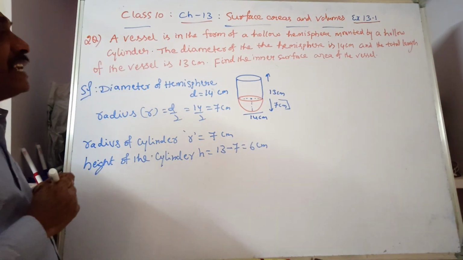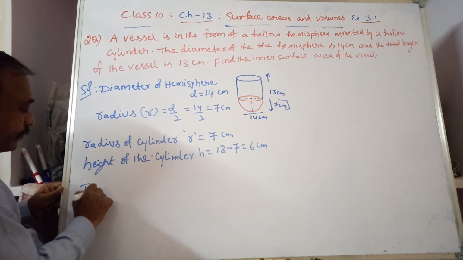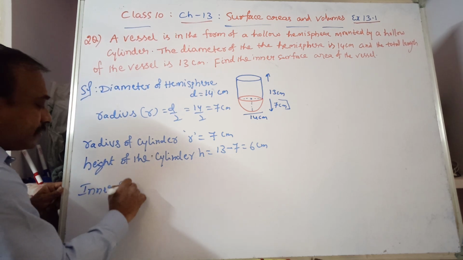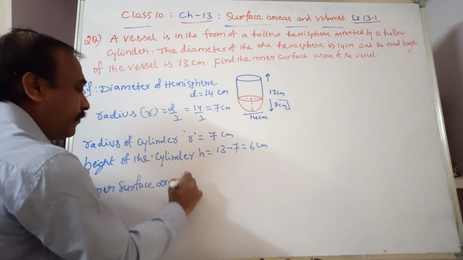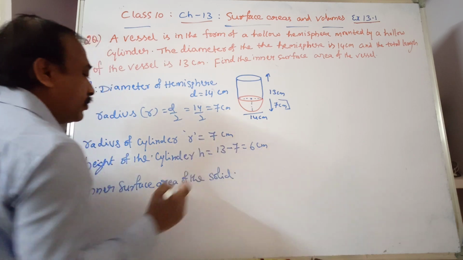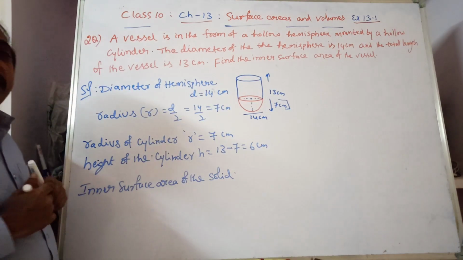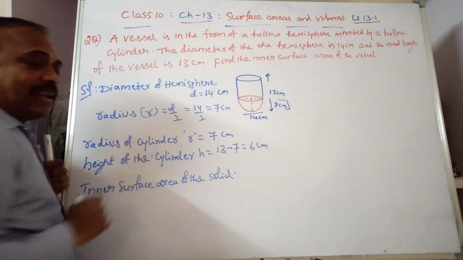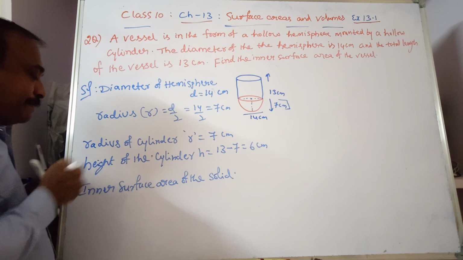He is asking for the inner surface area of the solid. How to find it? We have to add the inner surface area of the cylinder as well as the inner surface area of the hemisphere.